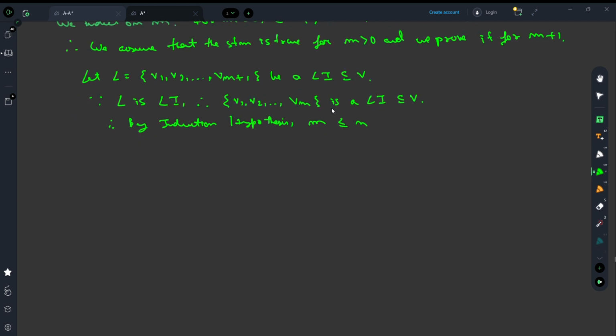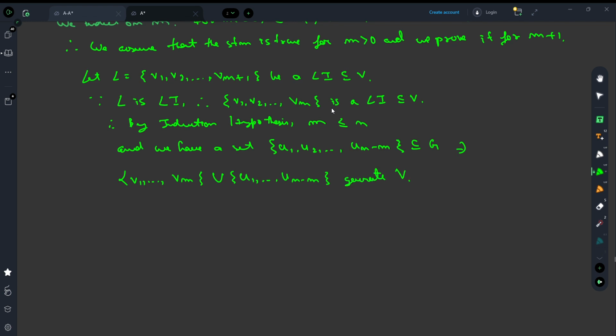This simply follows from the induction hypothesis. Moreover, what more we get from the induction hypothesis is that we have a set, say u1, u2, and so on, of n minus m vectors from G, such that the collection v1 till vm union the collection u1 till u(n minus m) will generate V, right?